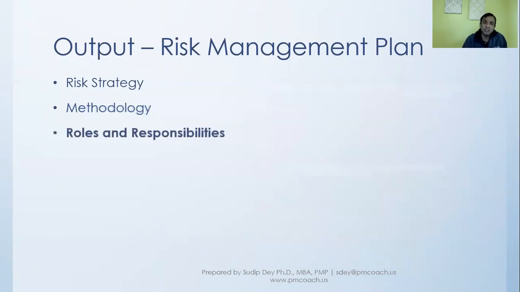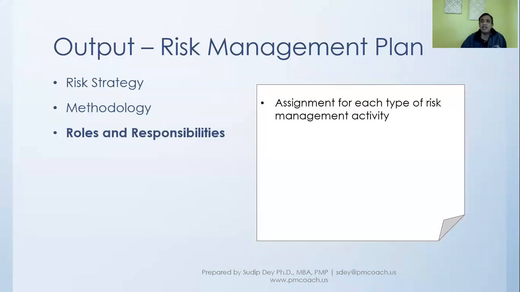Then, roles and responsibilities. What we really mean is, for the different types of risk management activities that we'll be identifying, who will be the team that will handle that? Because once you identify the risk, we have to have someone assigned who will be handling this risk as we move through the project.